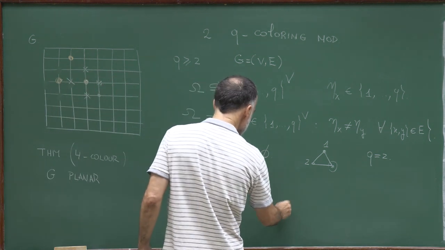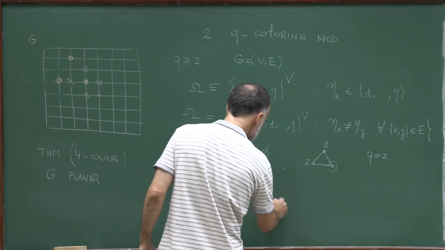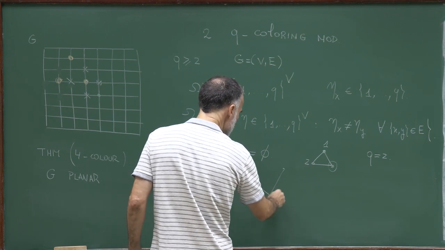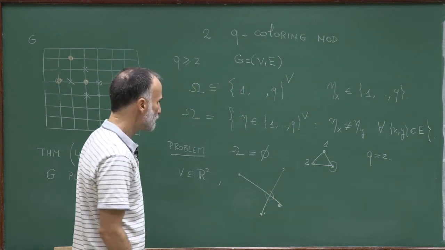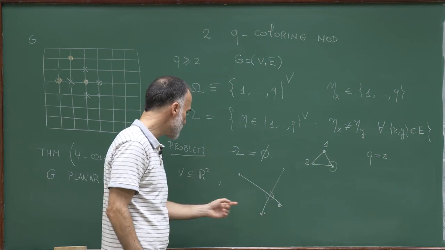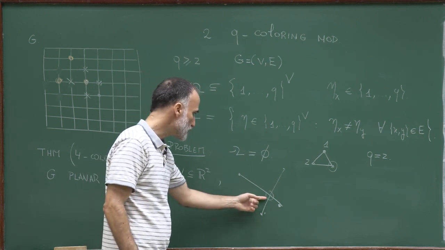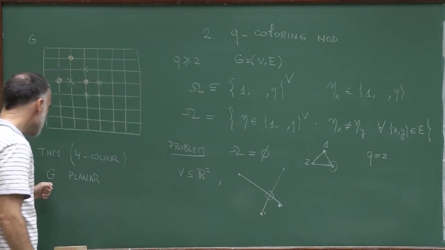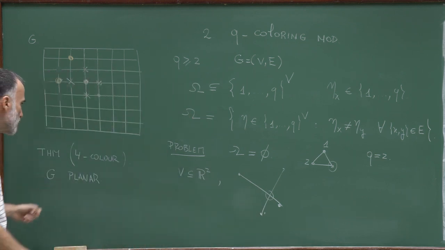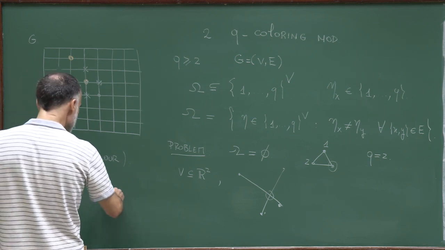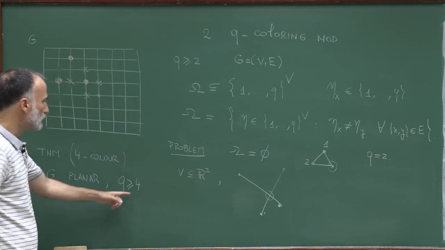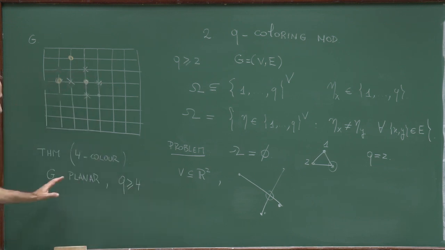So if you have, say, these points, and these points are connected by an edge, then this is not allowed because these 2 edges cross. So if this happens for your graph, you say that this graph is not planar. So by assuming that the graph is planar, then it is known that you can color your graph with 4 or more colors.